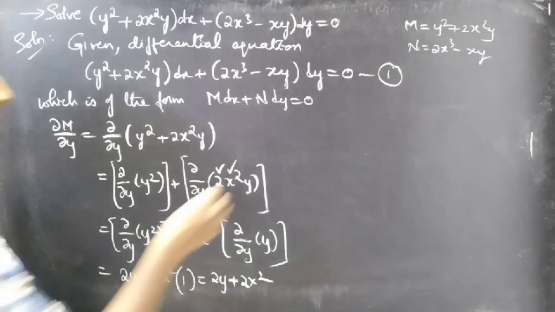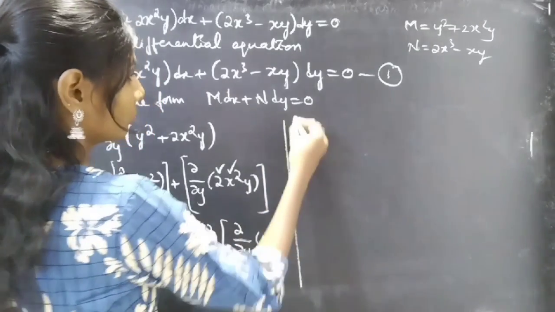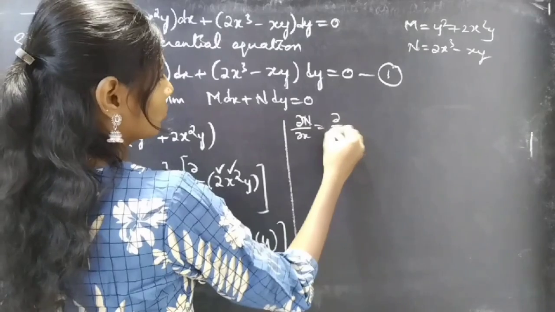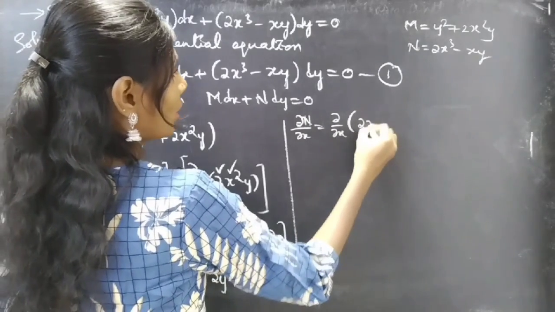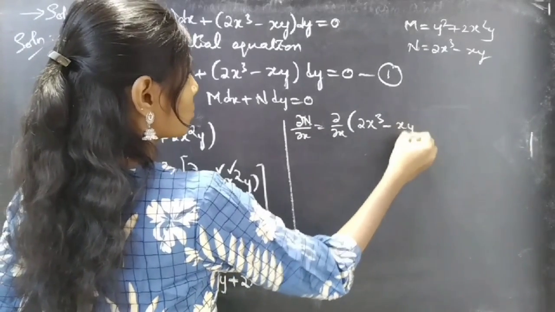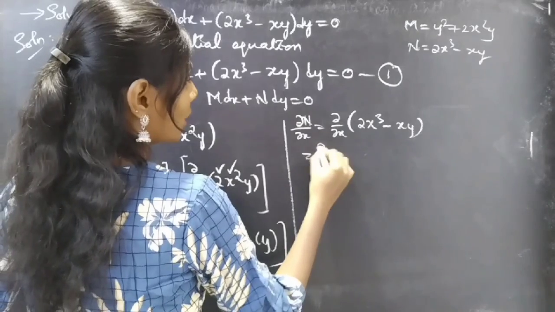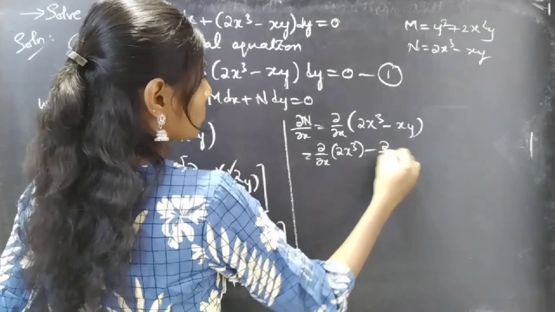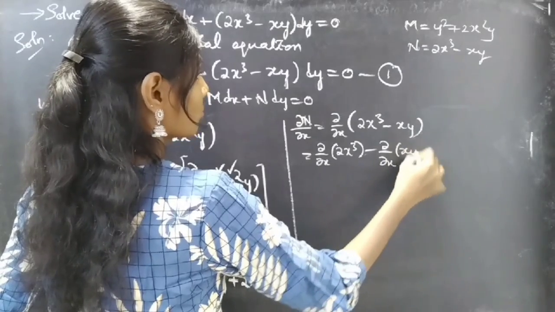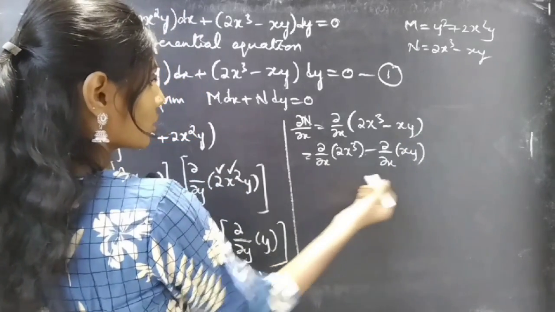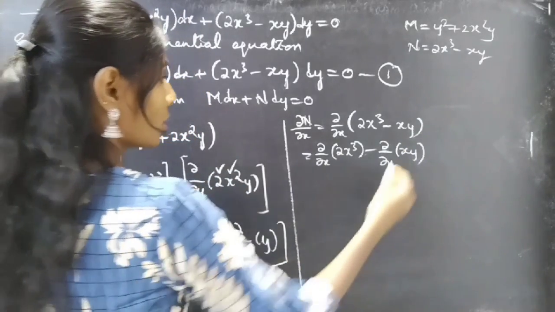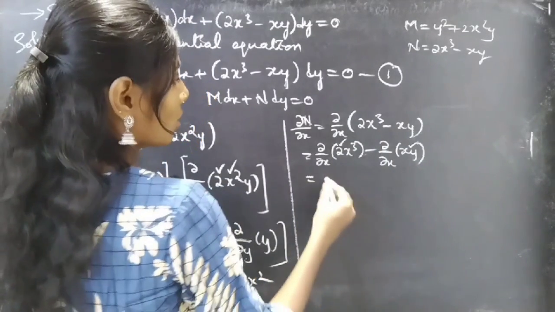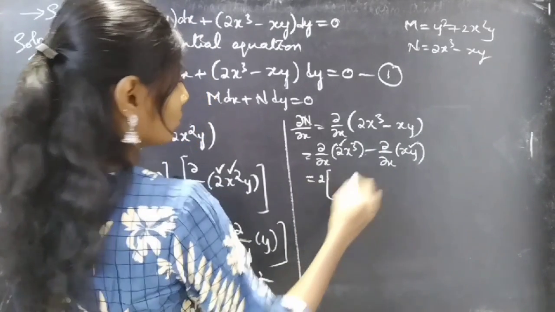Let's now find the partial derivative of N with respect to x. N is 2x³ - xy. This equals the partial derivative of the first term minus the partial derivative of the second term. Here we are finding the partial derivative with respect to x, so y is treated as constant. Here 2 is constant, and y is constant in the second term, so let's write those outside the brackets.